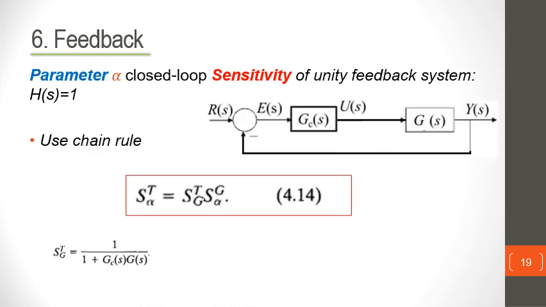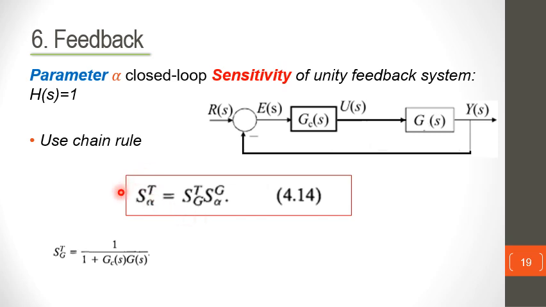sensitivity easily. In many other practical cases, our interest would be to find the sensitivity of the overall closed loop transfer function with respect to the changes in the parameter that we may feel may be inaccurate. If we are looking for such a sensitivity, one way of calculating this is to use the chain rule.